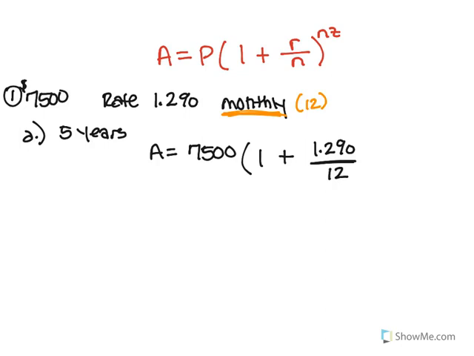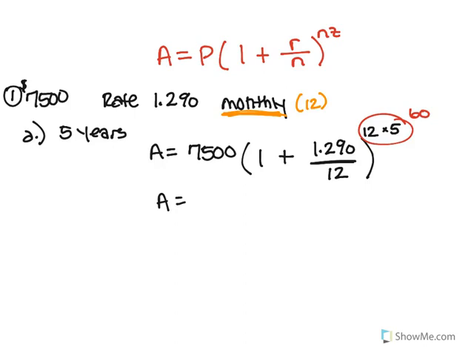Close the parenthesis, raise it to the n, which is 12 again, times 5. Very good, because that's your time. In my head, when I type this in, I'm not going to say 12 times 5. You need to know that's going to be 60. Y'all know that? That's what you're raising it to. It's to the 60th power.